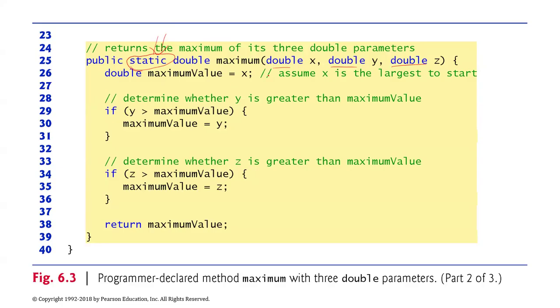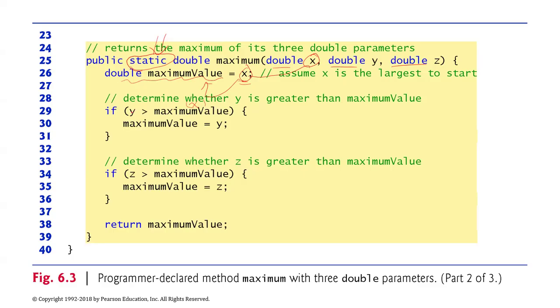There, we pass the value x to the maximum value, which we declared in the first line. This is a declared variable, and here we pass the value to it, and then it gives it to the variable maximum value.